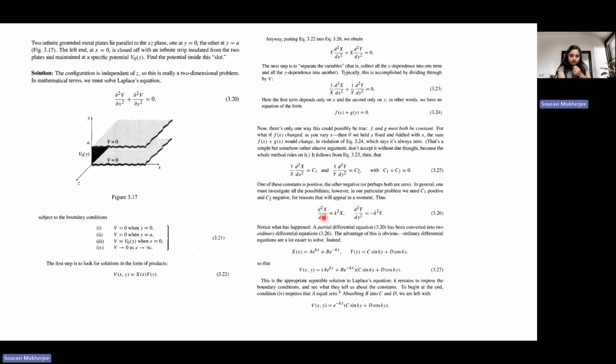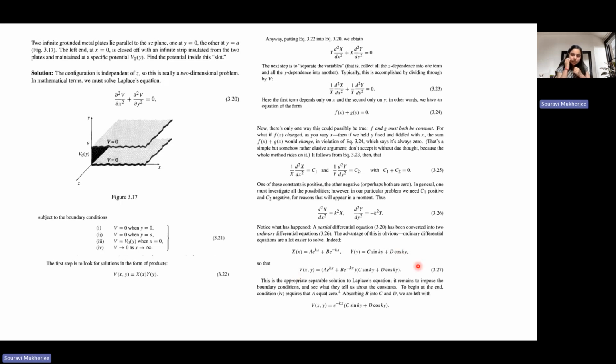And from there, you could basically write an expression for the function of x and the function of y. Okay, so this is the general, the most general form of your two-dimensional potential using Cartesian coordinates. Okay, so this is how it would look.